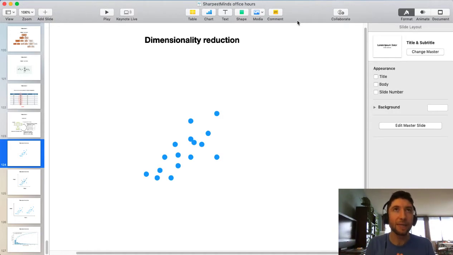But what I want to point out is that all machine learning is actually dimensionality reduction. There's nothing actually special about PCA or t-SNE that sets them apart from all the other machine learning algorithms.